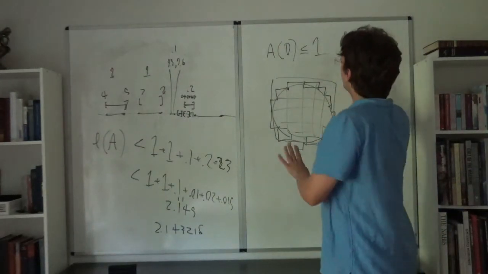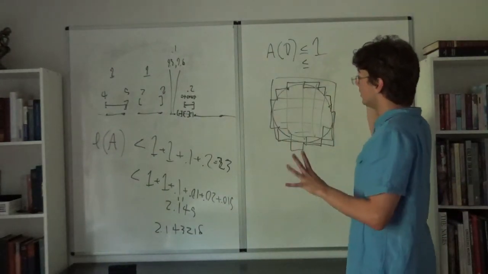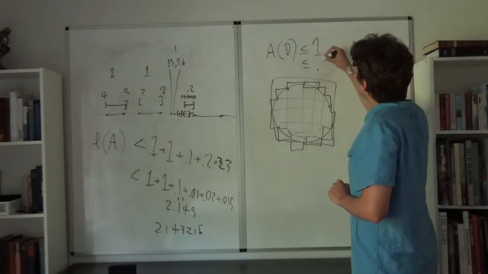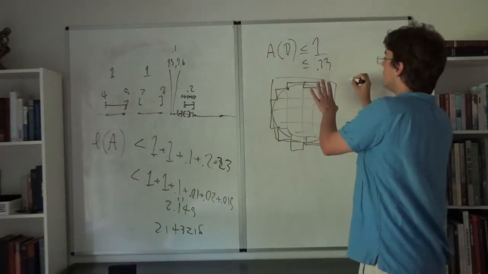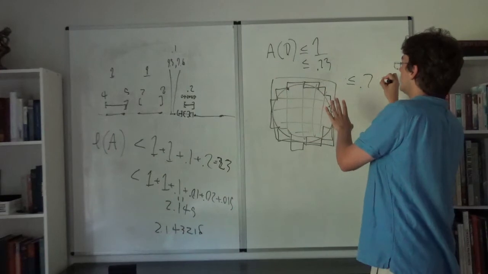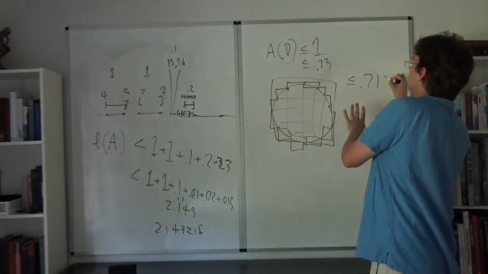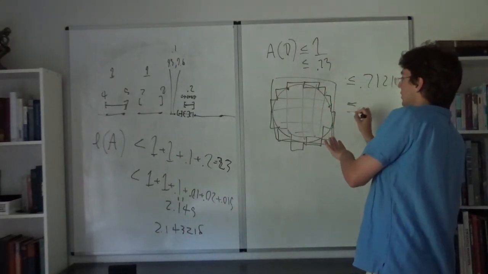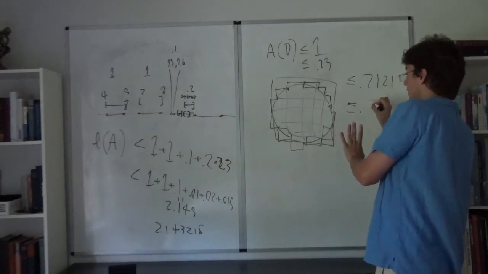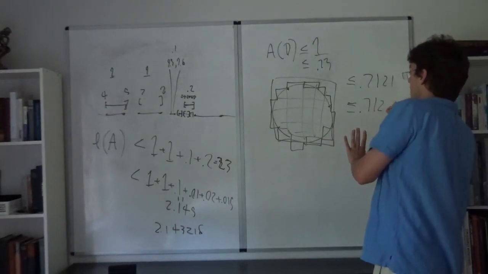And I find the next approximation is maybe less than 0.73. And the next approximation is like 0.7121, and so on and so forth, right? It just keeps going on and on.